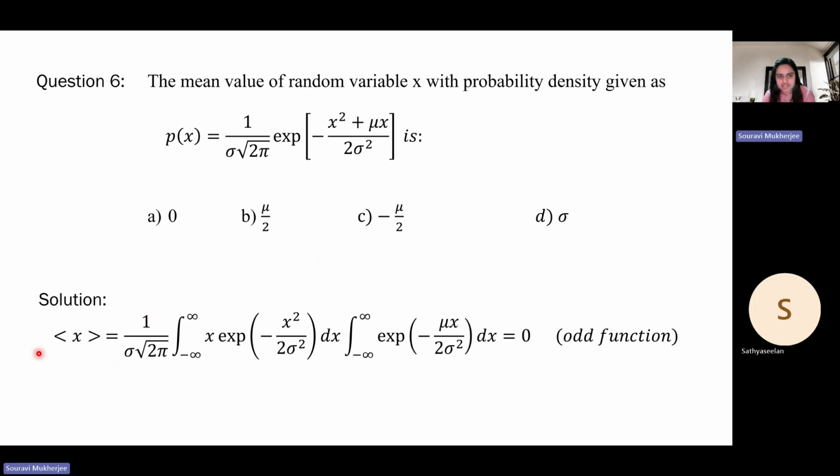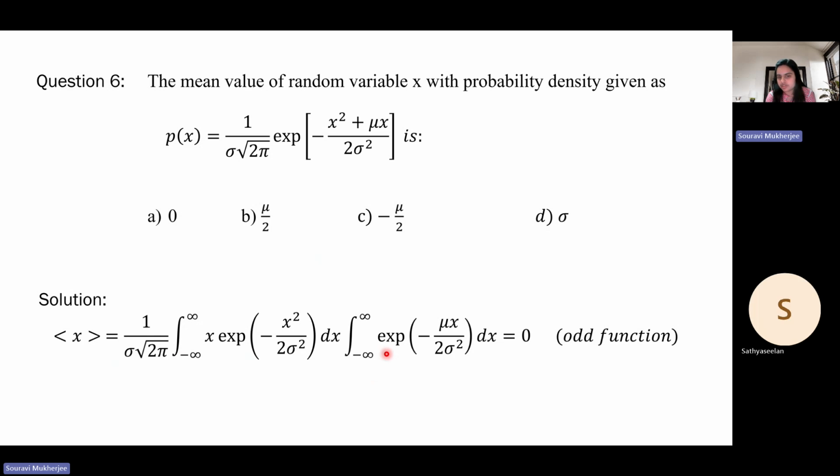See, the answer is zero. Why? Because it's an odd function that you are dealing with, right? So in this kind of questions, one needs to be careful about these properties or identities of integrations.